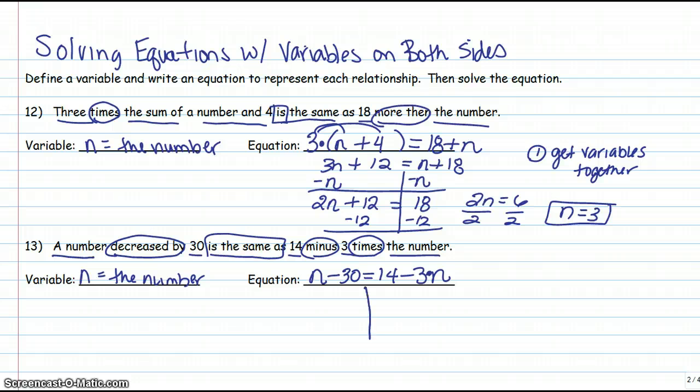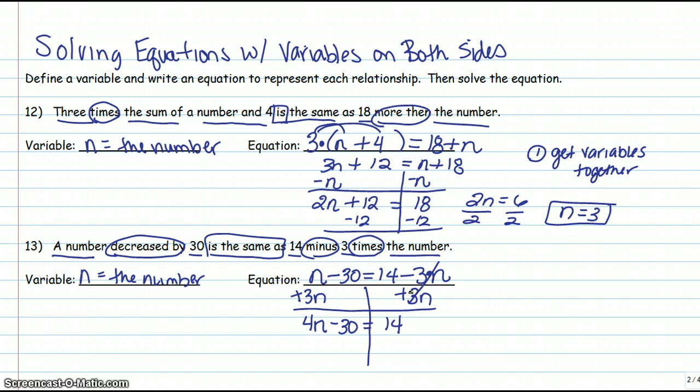Alright, again, there are variables on both sides of this equation. I don't have any parentheses this time, so now I can just focus on getting the variables together. So this negative 3n, I could move it onto the other side if I add 3n to both sides. So plus 3n on both. n plus 3n is 4n, and then you've got your minus 30, and then you've got 14 on this side.